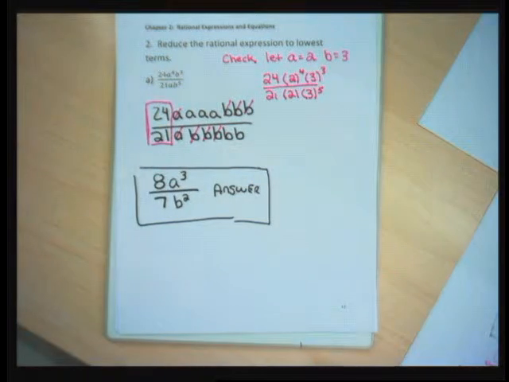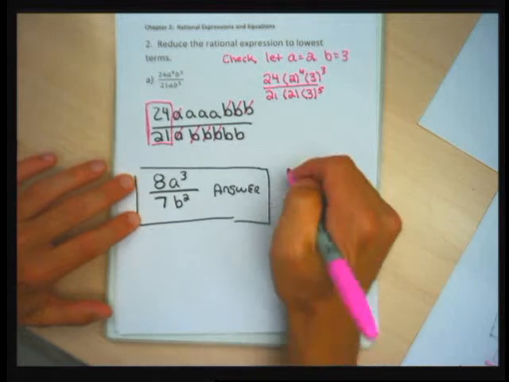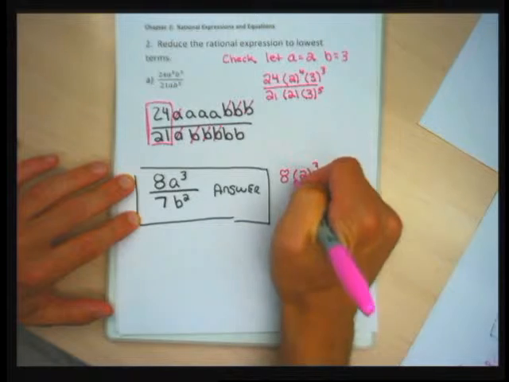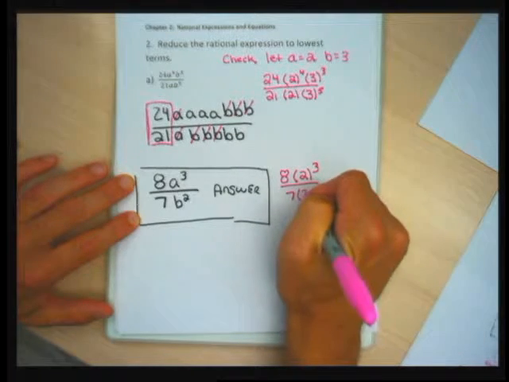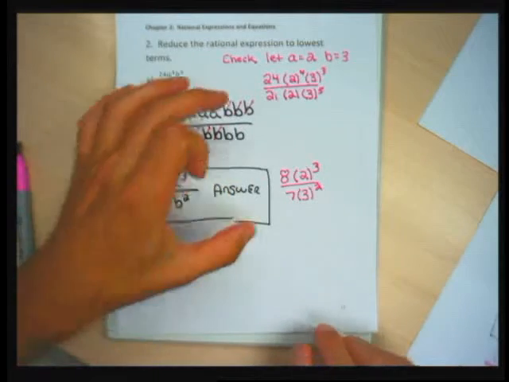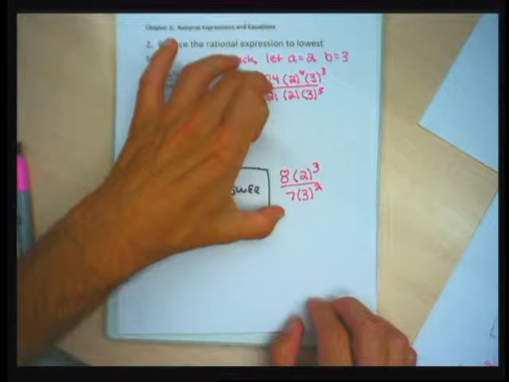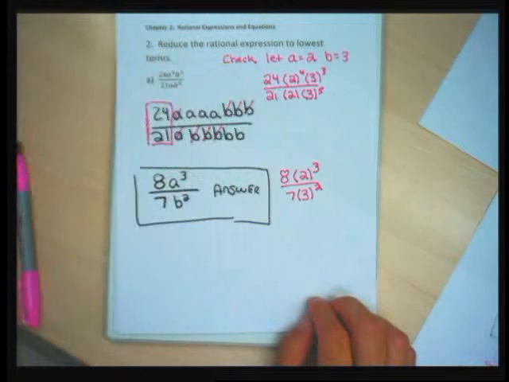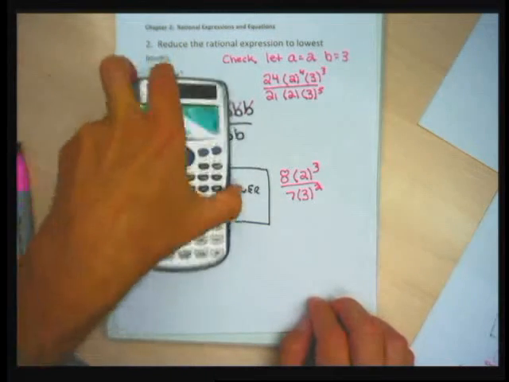See what that equals. And I'll do the same thing for my answer. I'll go 8 times 2 cubed over 7 times 3 squared, plugging in 2 for a and 3 for b. If both of these computations reduce to the same fraction or the same number, then I feel good about my answer. If they come out to different numbers, then I think I made a mistake.